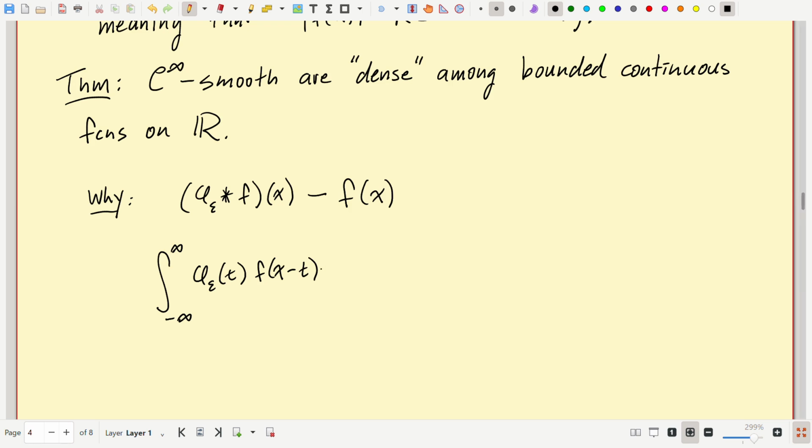And you realize, aha, I'm going to multiply by 1 here, in the form of the integral from minus infinity to infinity of phi epsilon of t dt.